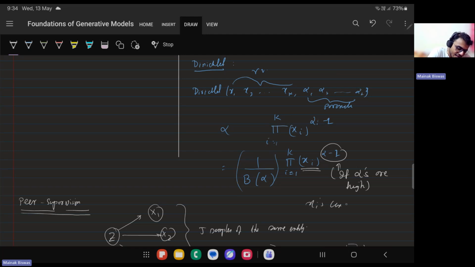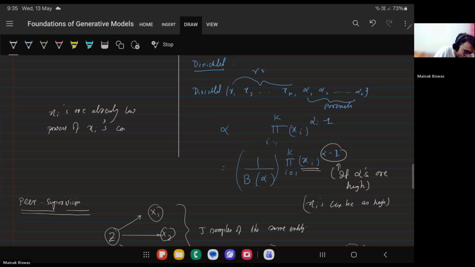Xi's can be as high, because it's a product of all these probabilities. For example, if Xi's are already low, powers of Xi's can't afford to be high.